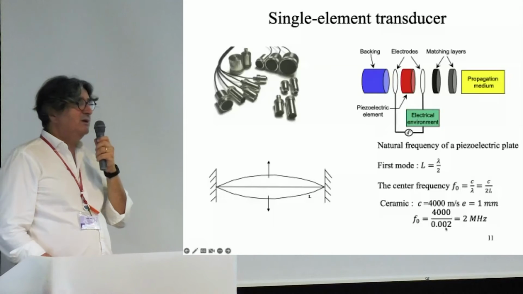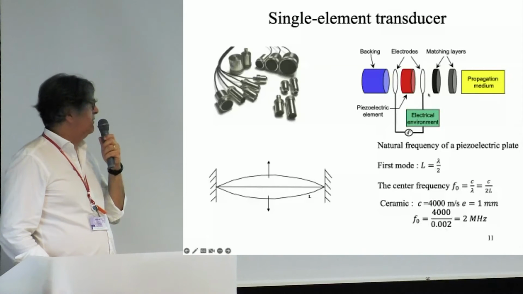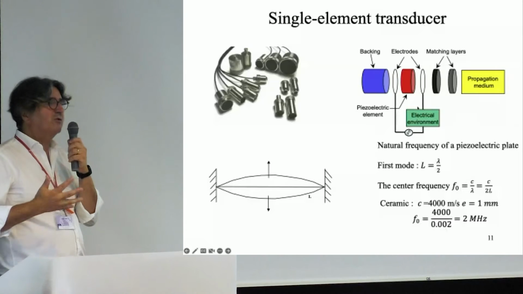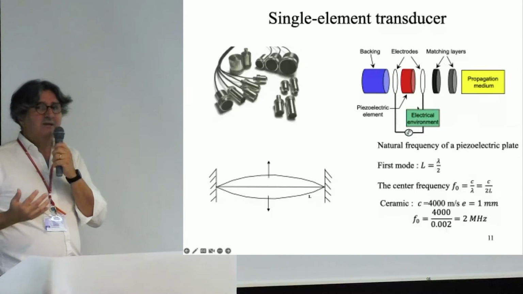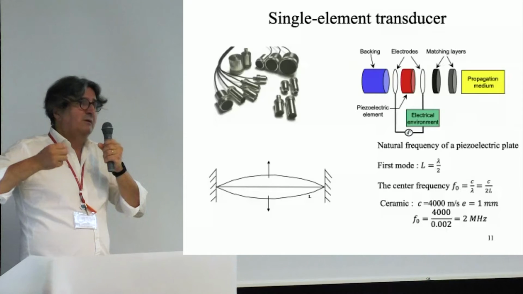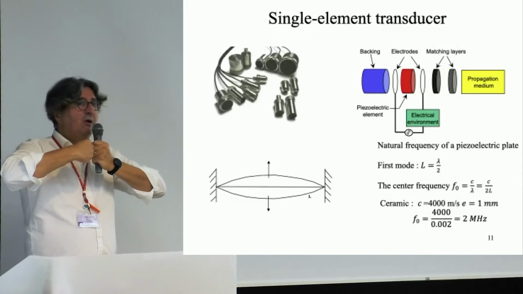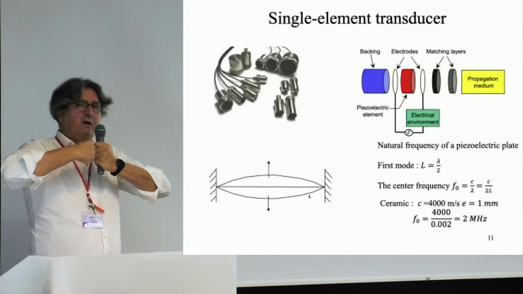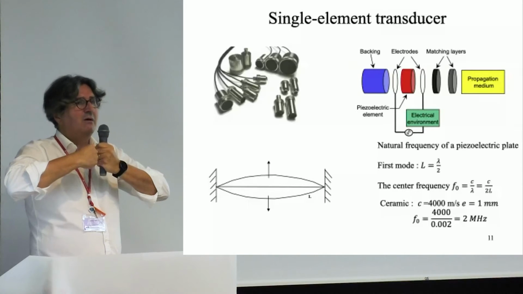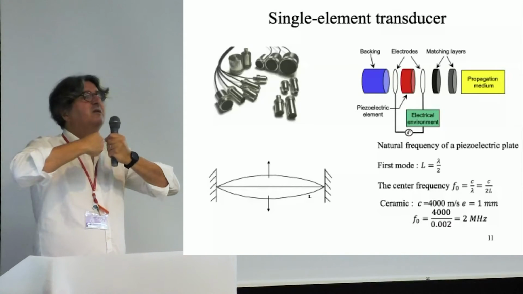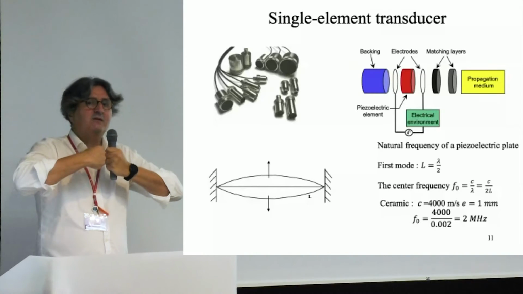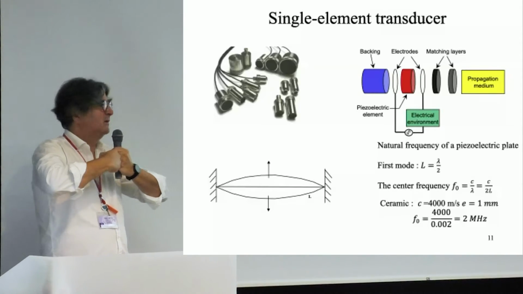The center frequency, let's say the resonant frequency of the transducer, is more or less given by that of the ceramic. Of course, because you have embedded your ceramic into several materials, it's not exactly the resonance of the ceramic, but it is close. So in the first approximation, we will say that it is close to that of the ceramic.